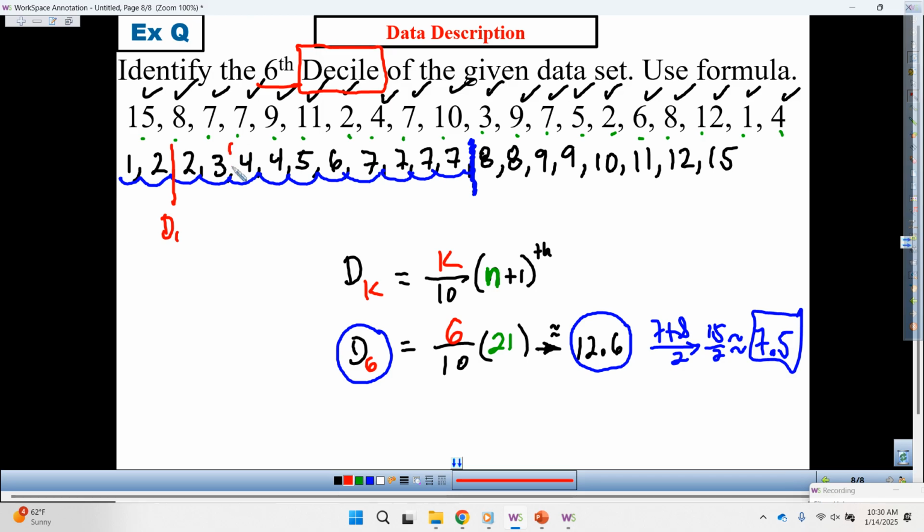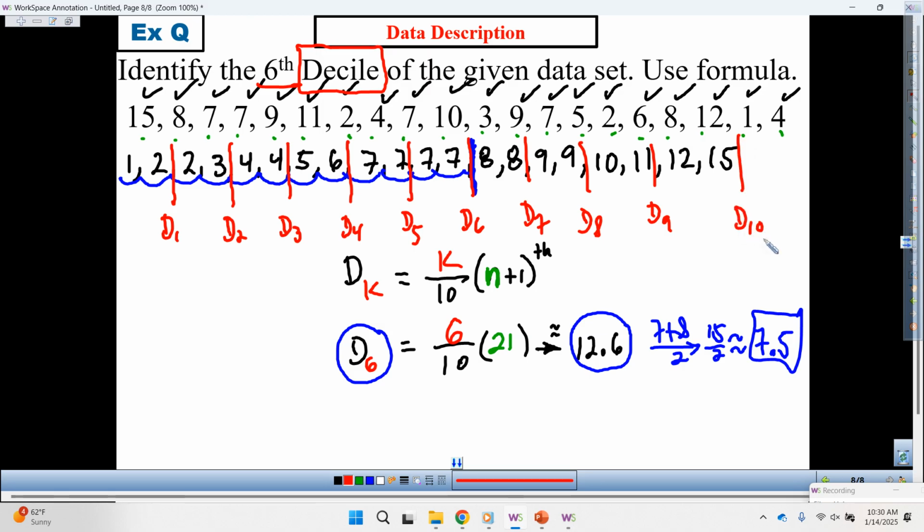Another 2 numbers, D2. Another 2 numbers, D3. Another 2 numbers, D4. Another 2, D5. Another 2, D6. Another 2, D7. D8. D9. And of course the N is D10. So question. Look at D6. D6 is in between what numbers? 7 and 8. So did we get our number accurately? Yes, using the formula.